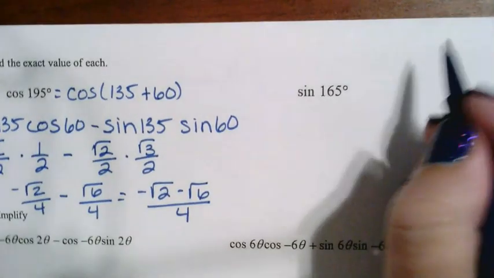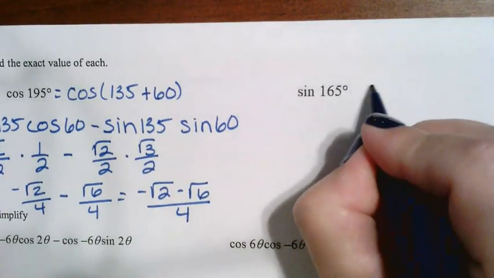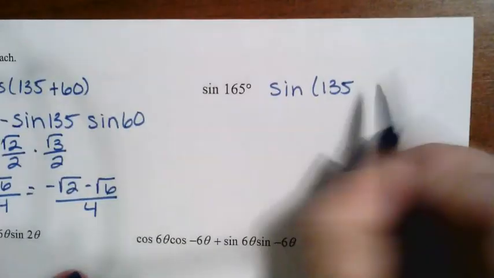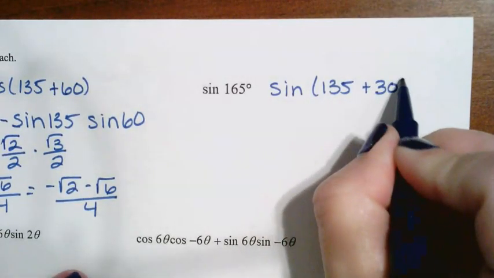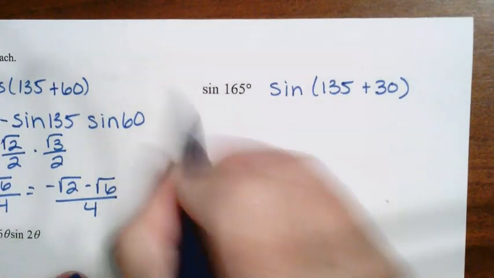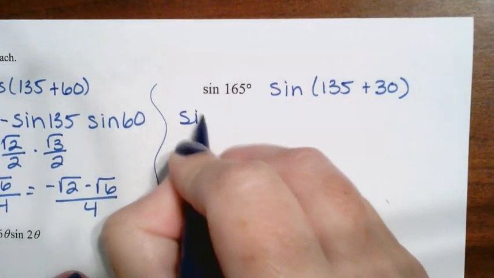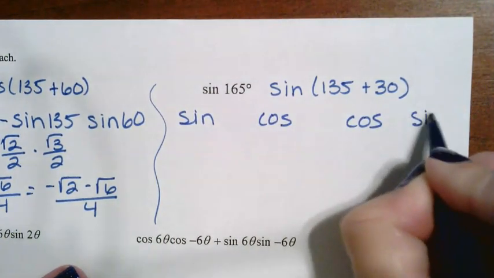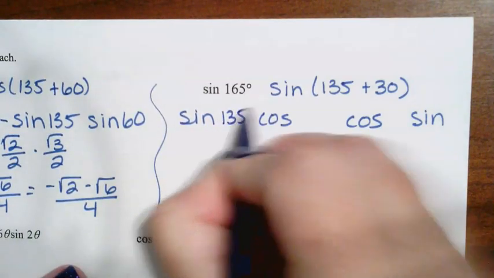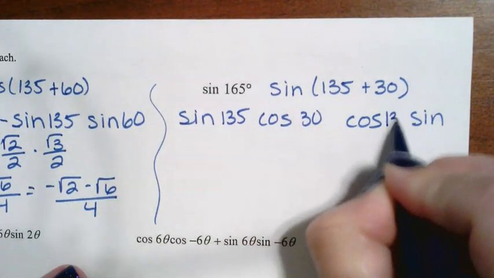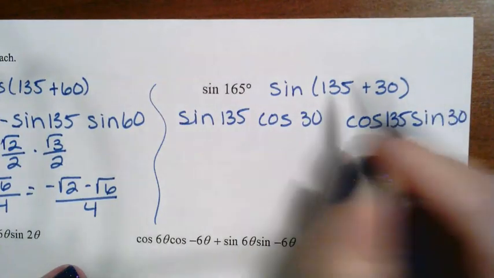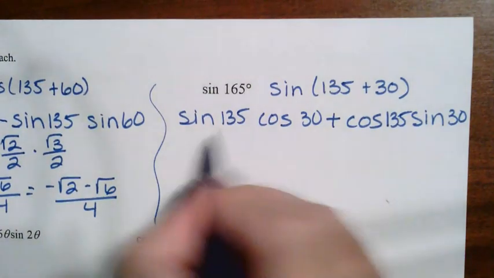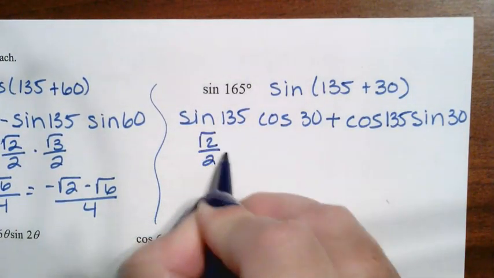Now here's the 165. This one I can use 135 and 30. So this is the first part of the change. Sine, cosine, cosine, sine. So A, B, A, B. Sine, we don't clap or anything, so we're going to keep. So sine of 135 is square root 2 over 2.